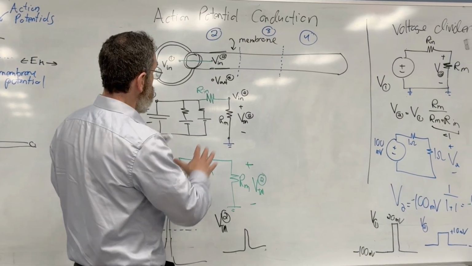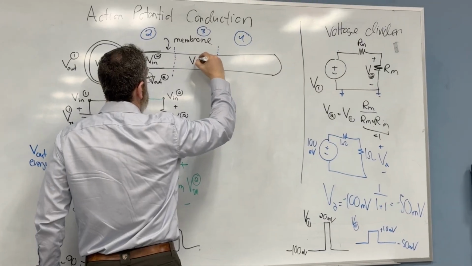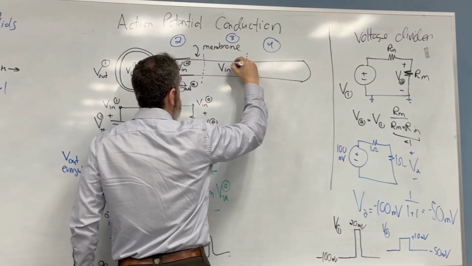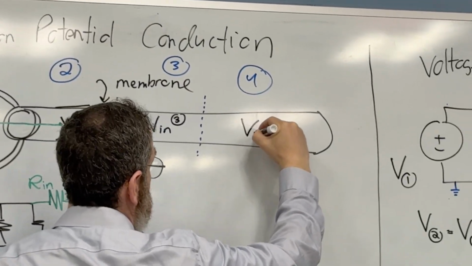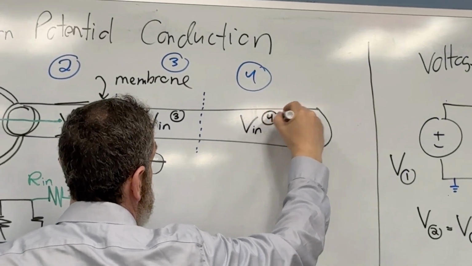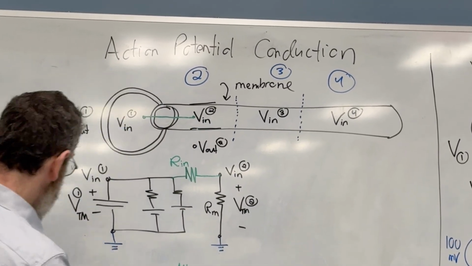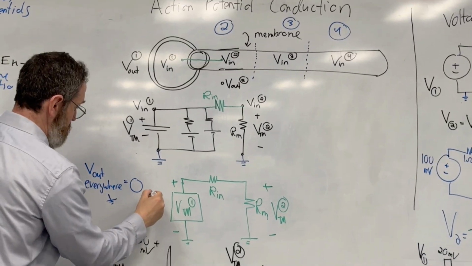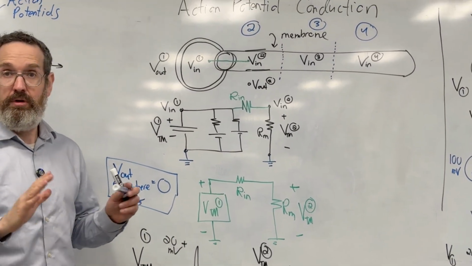What I'm going to do, hopefully it's not going to get too messy here, is I'm going to call this V in at location 3. And I'm just going to jump all the way ahead here. I'm going to write this as V in at location 4. Now, the outside maintains this assumption that it's 0 everywhere. Okay?